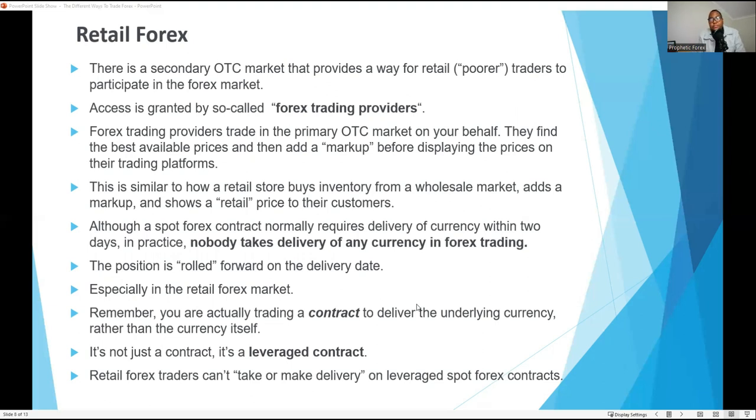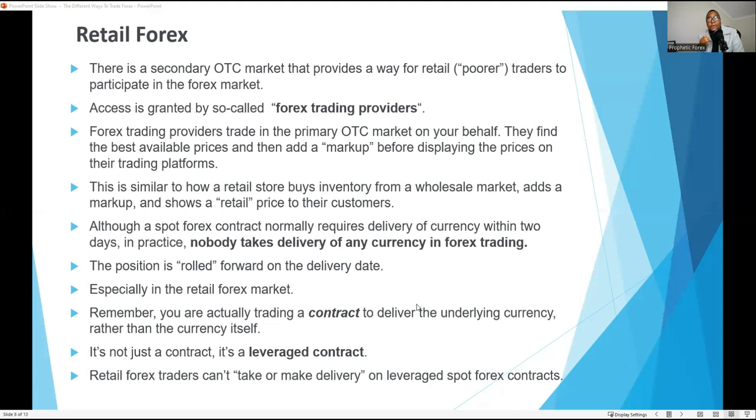Although the spot forex market contract normally requires delivery of currency within 2 days, in practice nobody takes delivery of any currency in forex trading. The position is rolled forward on the delivery day, especially in the retail market. Remember that you're actually trading a contract to deliver the underlying currency rather than the currency itself.